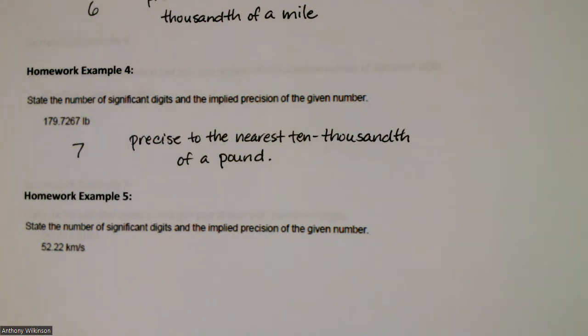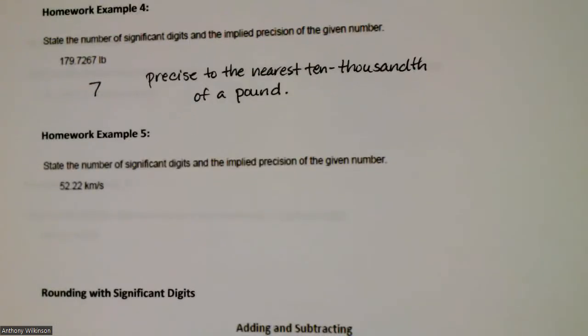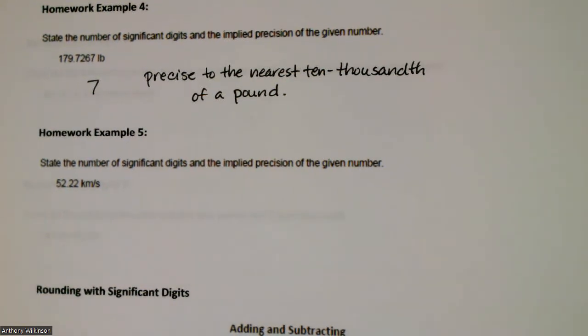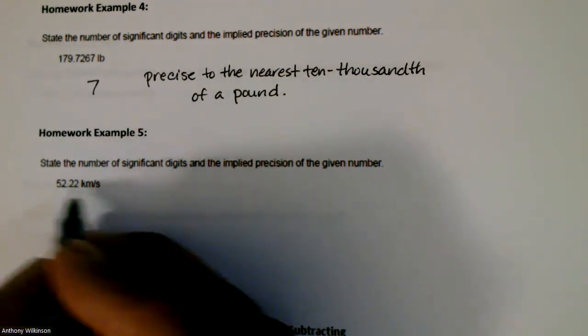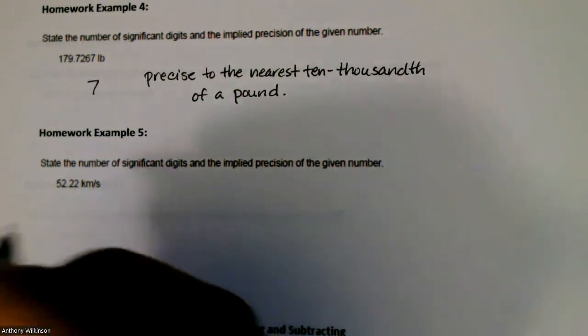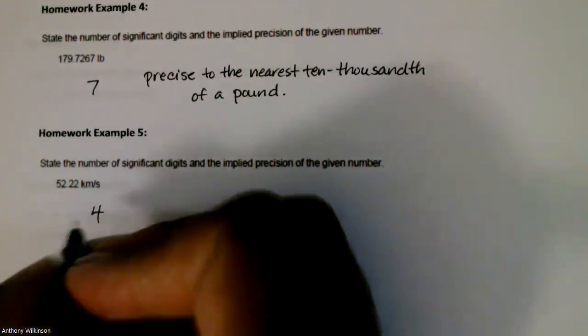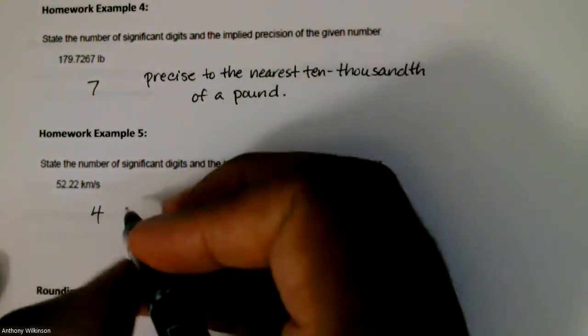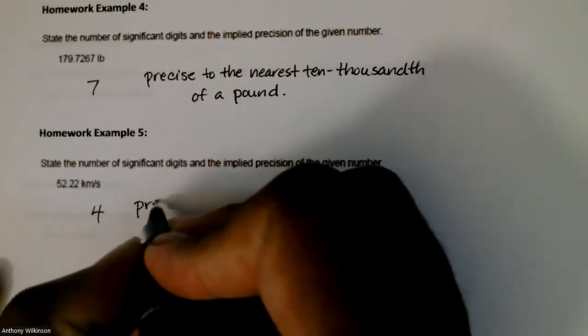And number 5. We got 52.22 kilometers per second. Let's count the number of significant digits that we have here. These are all non-zero digits. They're significant. So there's 1, 2, 3, 4 significant digits in that number. And then we want to find out the precision of that.